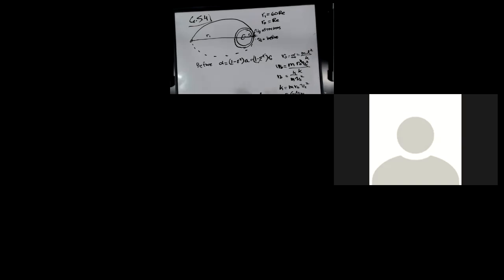So that's the expression for k. Now we have a relationship between k and R0 in the circular orbit.